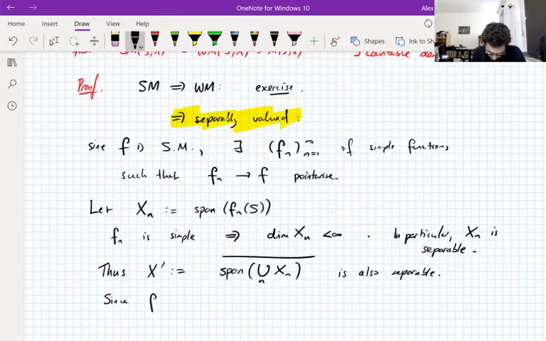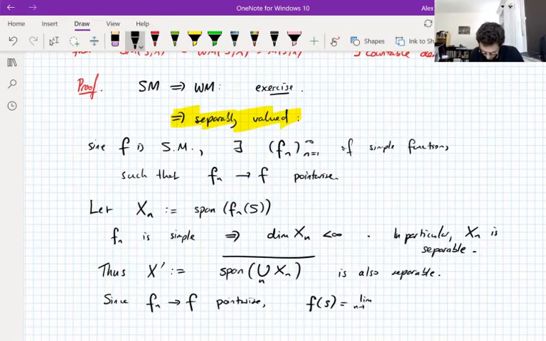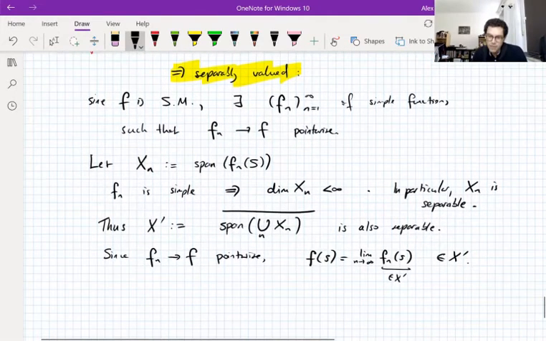Now, since the functions fn converge to f pointwise, we have for every s that f of s is the limit as n goes to infinity of fn of s. Now, each of these fn's are in x prime by the way we constructed x prime. And x prime is closed. So f of s is in x prime. All right. And this shows us that f is separably valued.